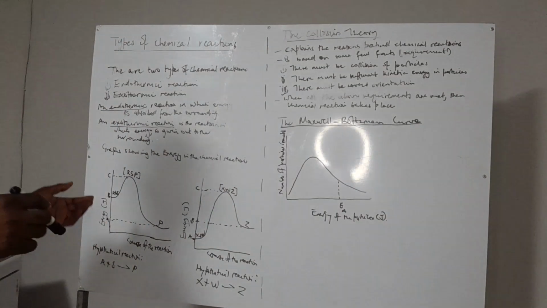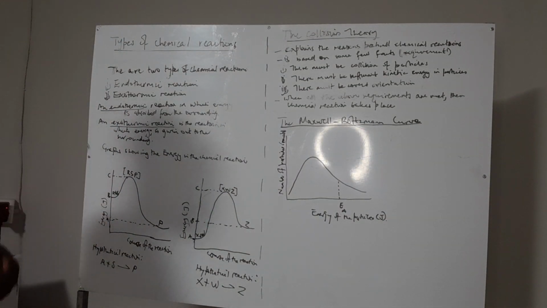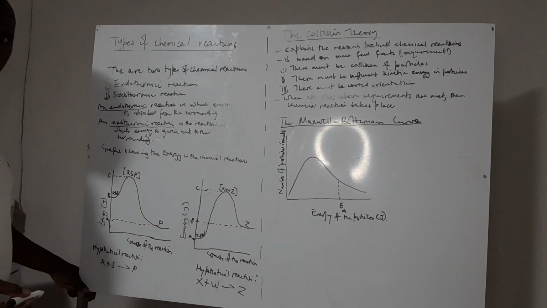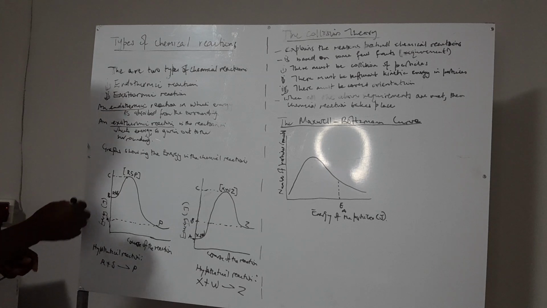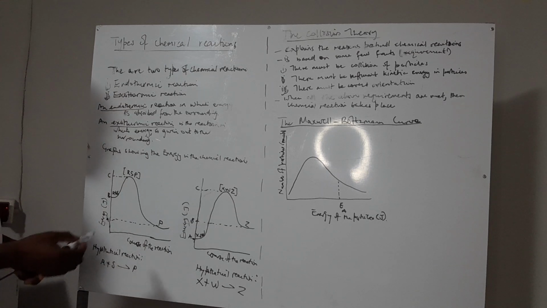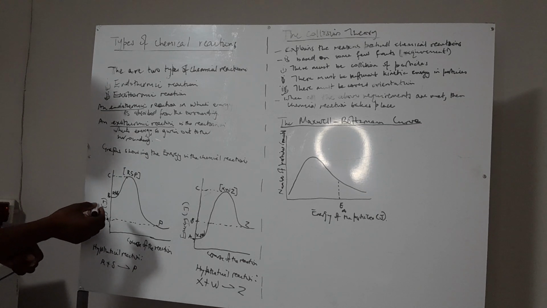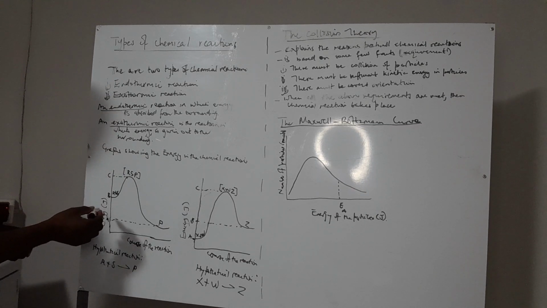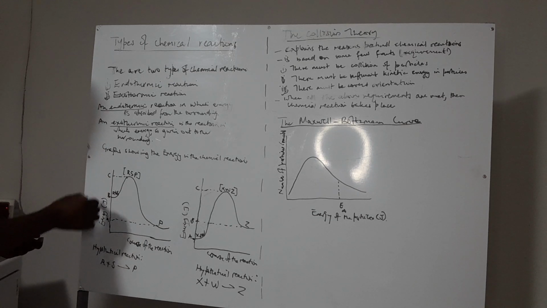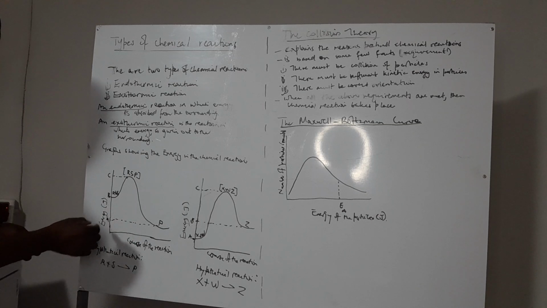Now we may continue and look at the graphs, and let's try to interpret these graphs that we've got about these chemical reactions. In the first graph, if you zoom the video, you'll be able to see that clearly. On my vertical axis, I've got the energy of the substances.